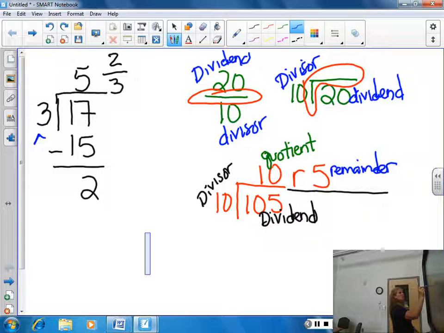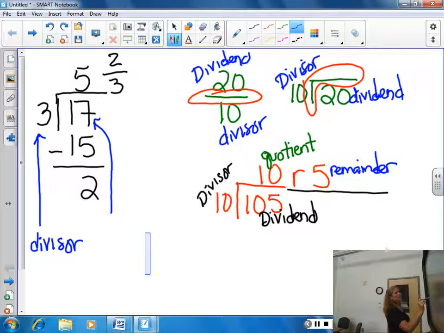3 is called the divisor. 17 is the dividend. 5 is the answer, which is the quotient.